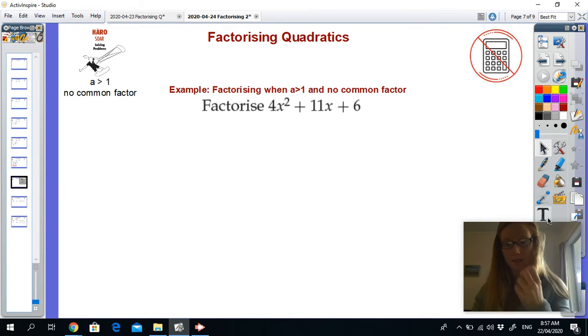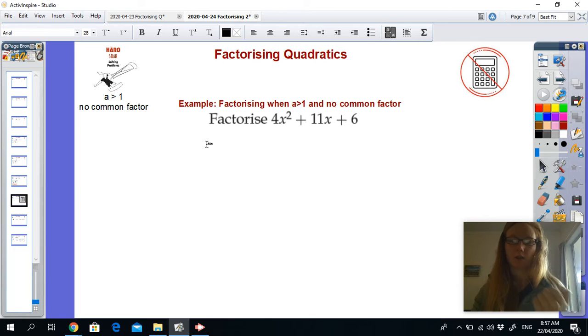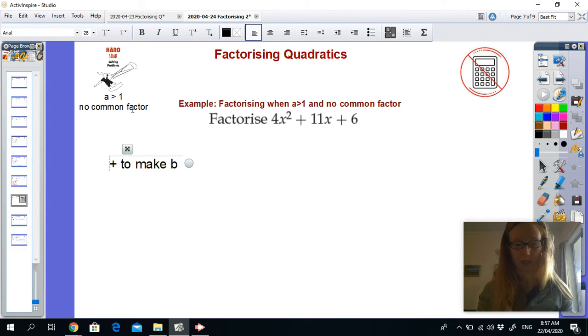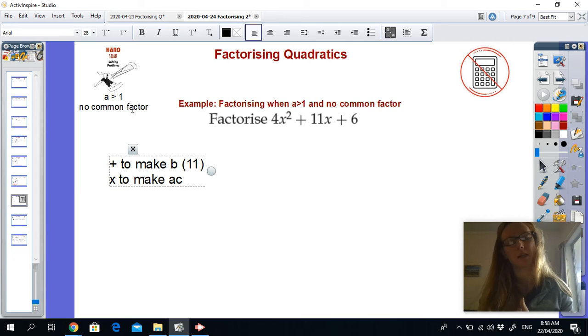So similarly to when we're factorizing when a was 1, we need to look for 2 numbers. And the 2 numbers we need to look for still need to add to make our value of b, which in this case is 11. Okay? But they need to multiply to make something different, not c this time. They need to multiply to make ac, which is the product of a and c.